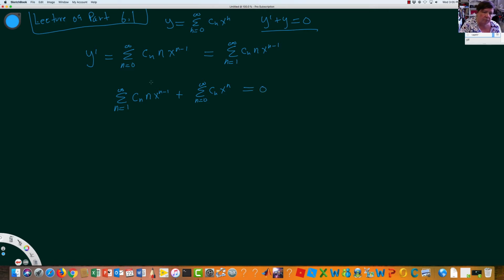Now, notice here that I have different powers on the x, so I haven't really added these together the way I need to. When n's 1, this is going to be 0. When n's 0, this is going to be 0. So they're actually starting with the same power. That's awesome.